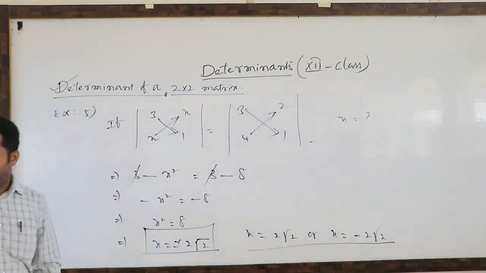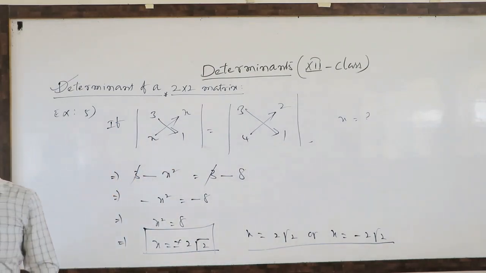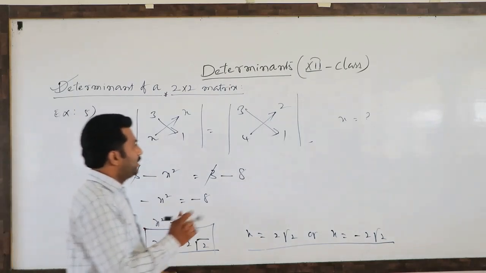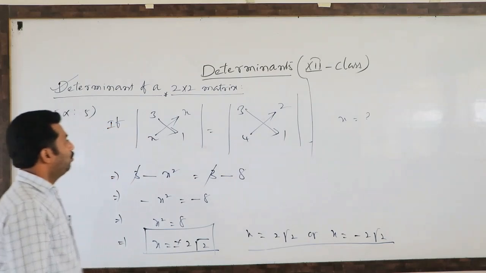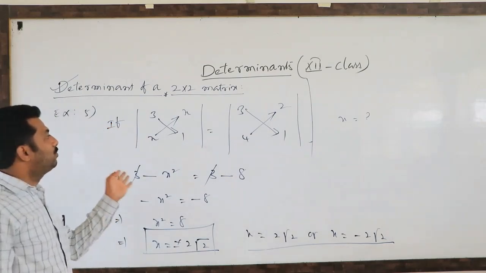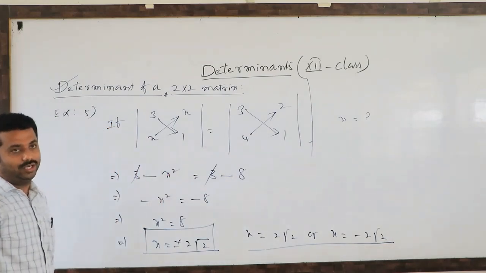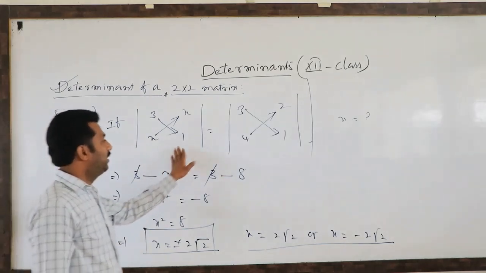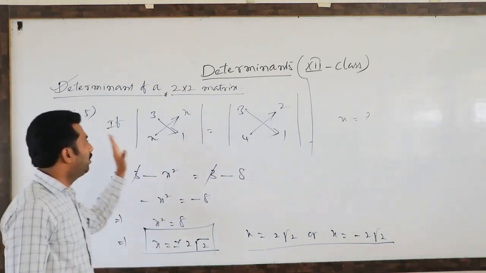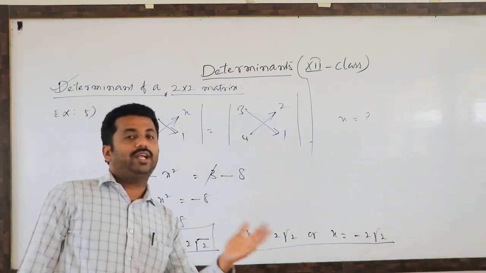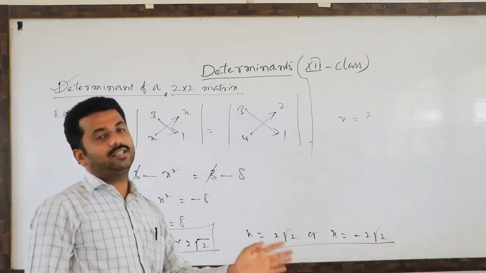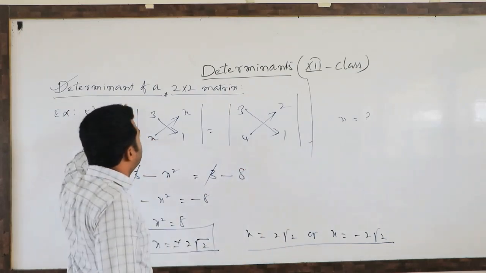So one more. You may make mistakes in this problem. In matrices, how you did it: two matrices are equal means corresponding elements are equal, like that you learned. But determinants are not like that. So you cannot equate corresponding elements. Whatever operations you applied in matrices are completely different in this concept.